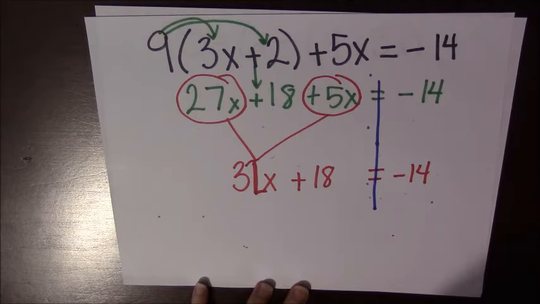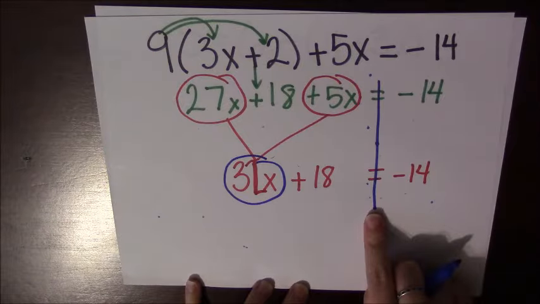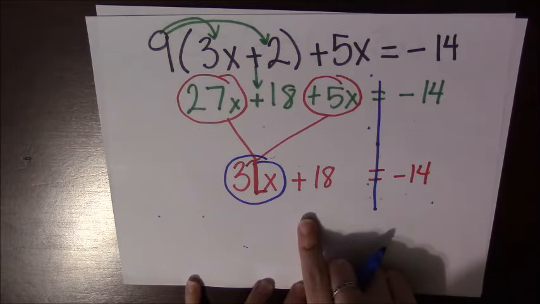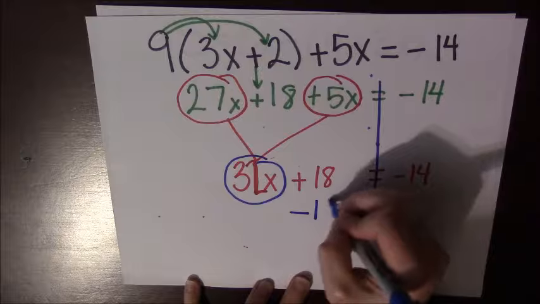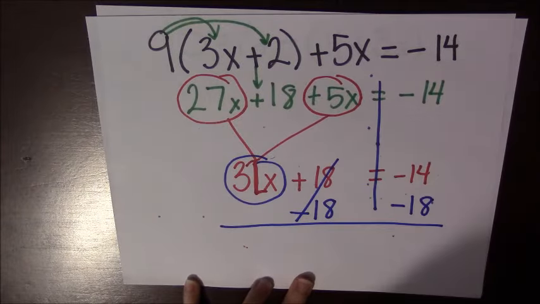I circle my variable and coefficient. My river has already been drawn for me. So how do I get rid of plus 18? I subtract 18 from both sides. These cancel.